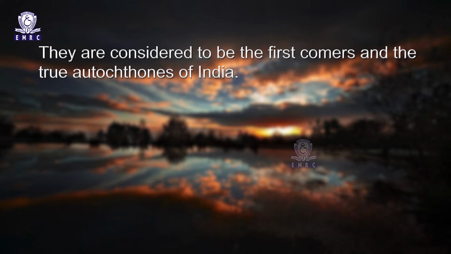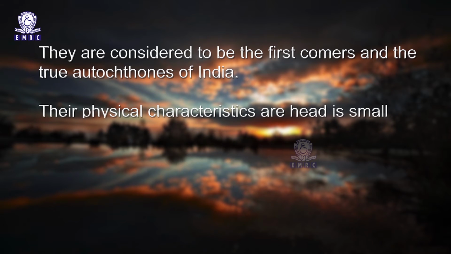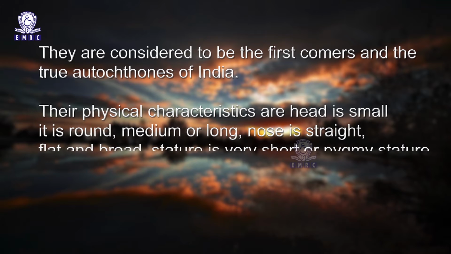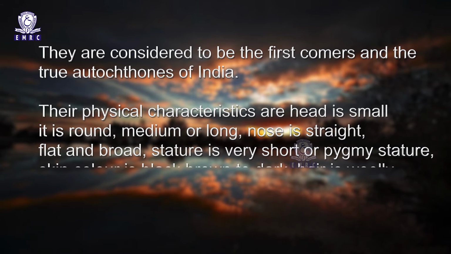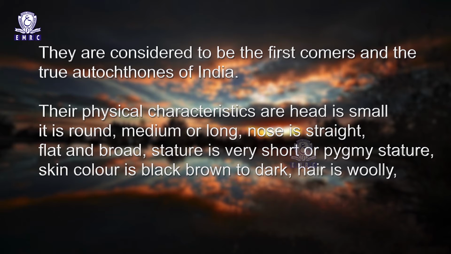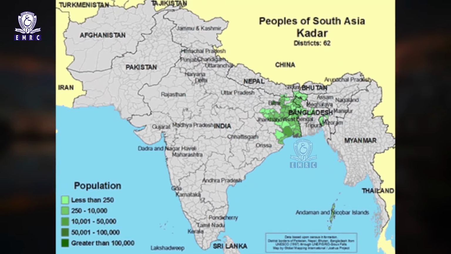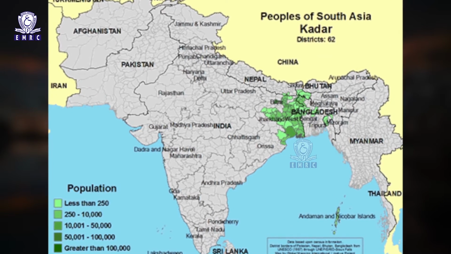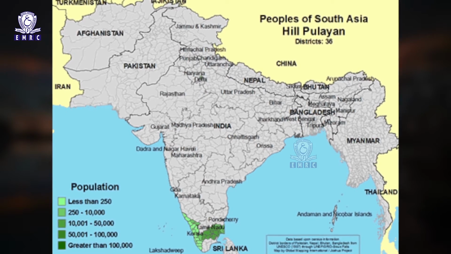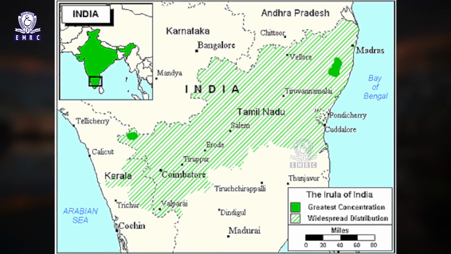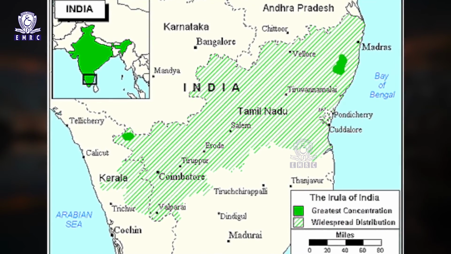Their physical characteristics are: head is small, it is round, medium or long, nose is straight, flat and broad, stature is very short or pygmy stature, skin color is black, brown to dark, hair is woolly, forehead is bulbous and supraorbital ridges are smooth. This type is represented by the Kadars, Pulayans of Cochin and Travancore, Irulas and the primitive tribes of the Wayanad.